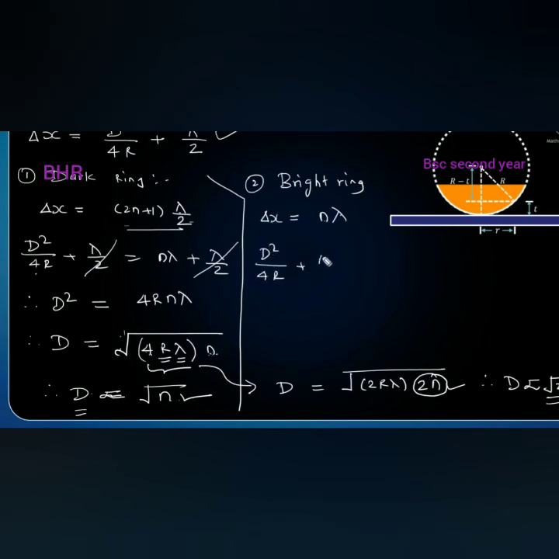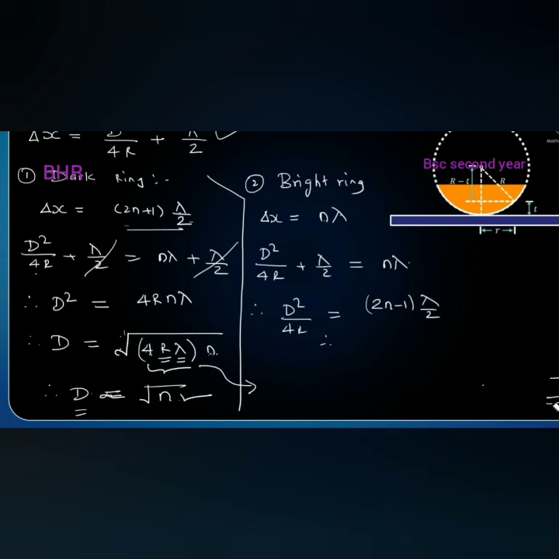Now by simplifying the equation, we get D square by 4R is equal to (2n minus 1) into lambda by 2. Therefore, D square is equal to (2n minus 1) 2R lambda.